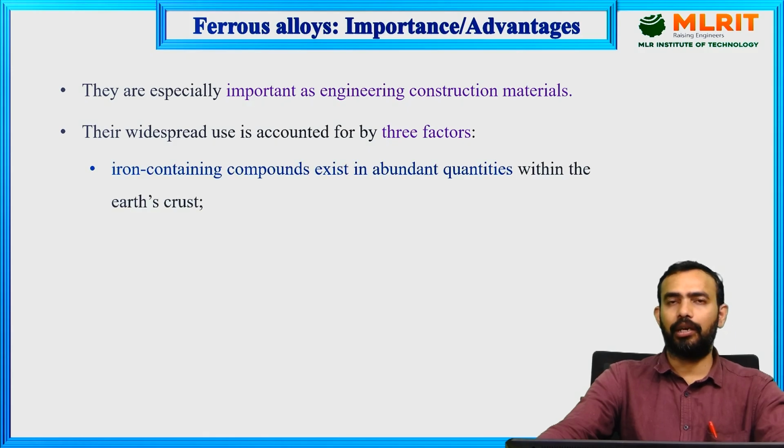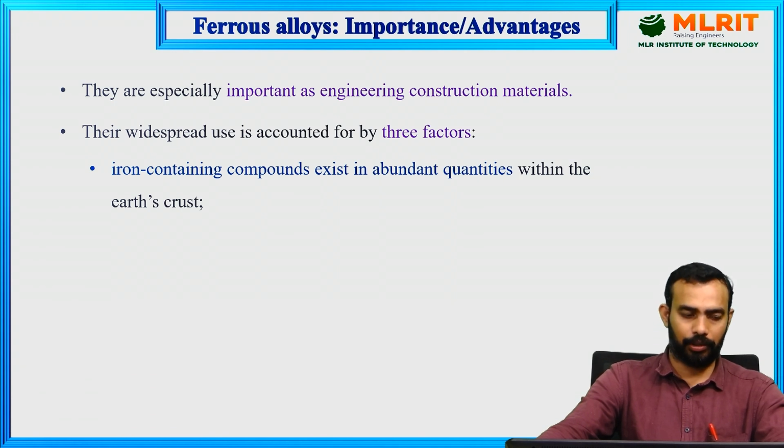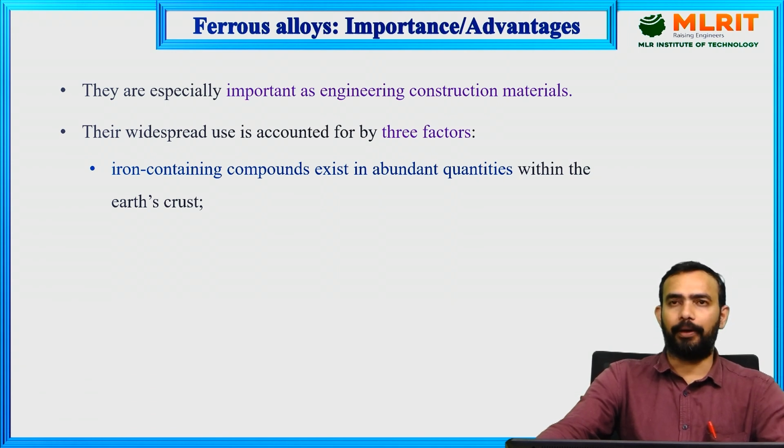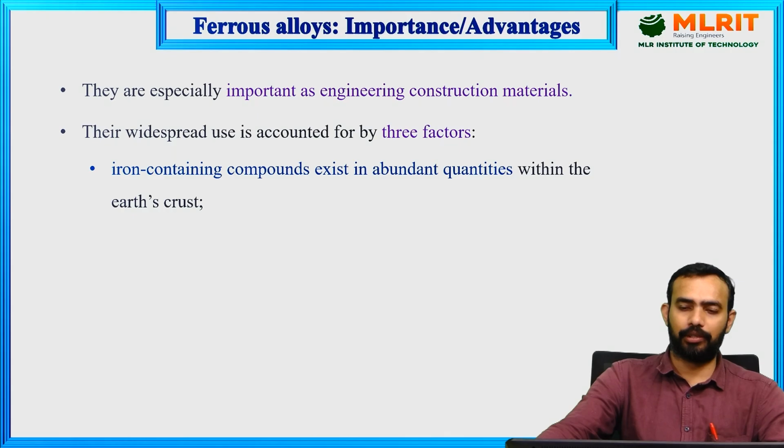One is that iron containing compounds exist in abundant quantities within the earth's crust. The base metal for these ferrous alloys is iron, and in the iron ore or any other ores, the iron containing compounds exist in abundant quantities. That is one of the primary reasons why most people go with ferrous alloys.